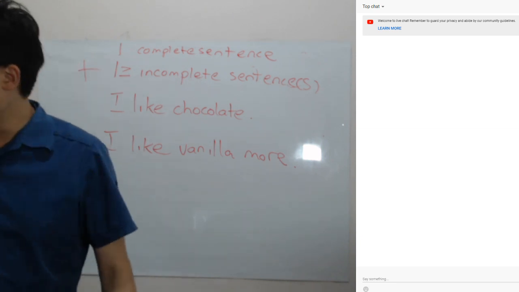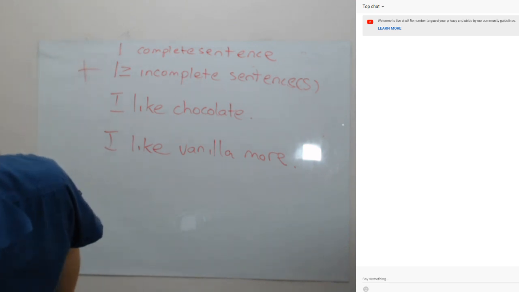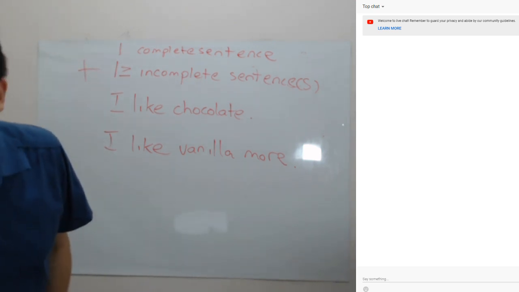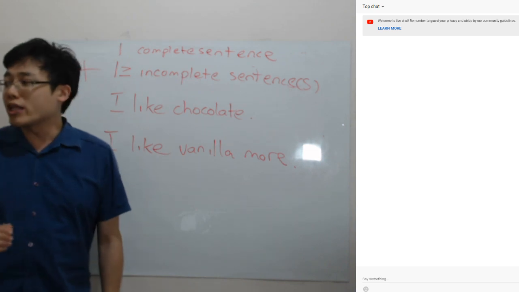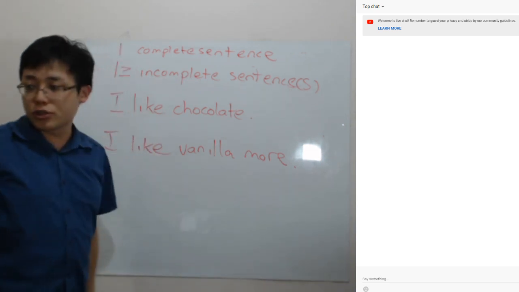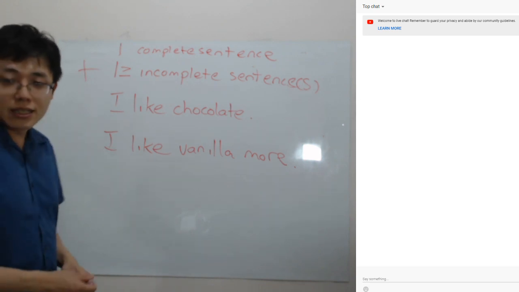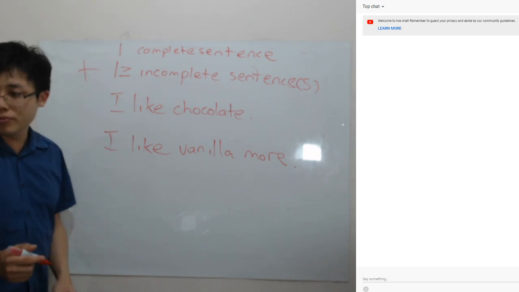So to make this complex, there are many different possible ways. So I'm going to highlight some of the ways that you can do that. One of the first ways is by using something called relative pronouns. What are relative pronouns? You may already know them.